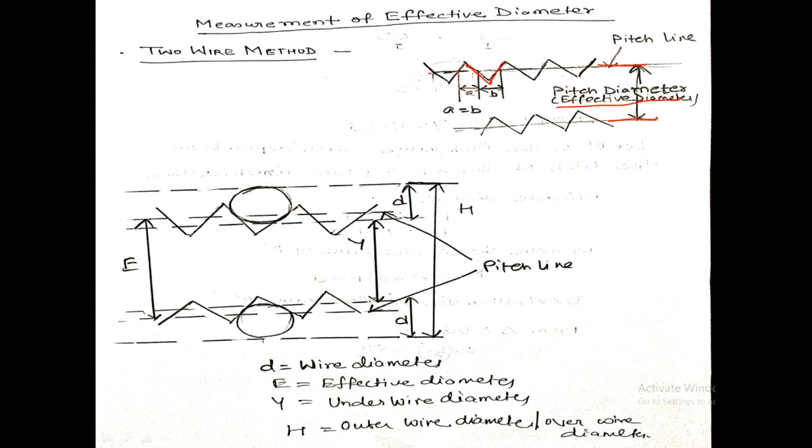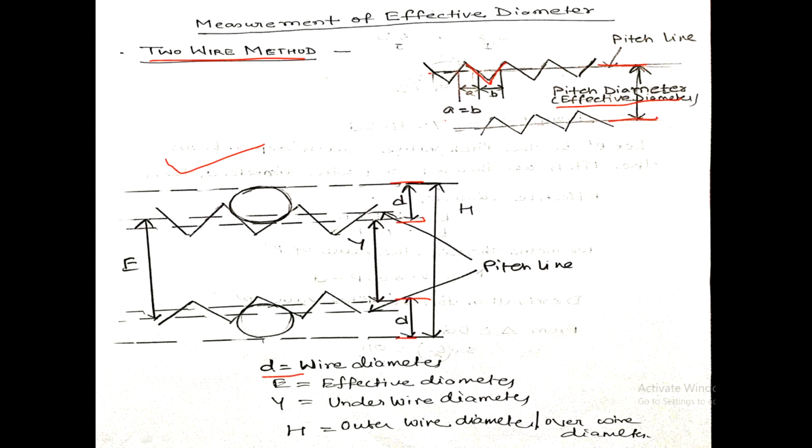For finding the effective diameter by using the two wire method, you can see in this figure, D is your wire diameter. Why two wire?